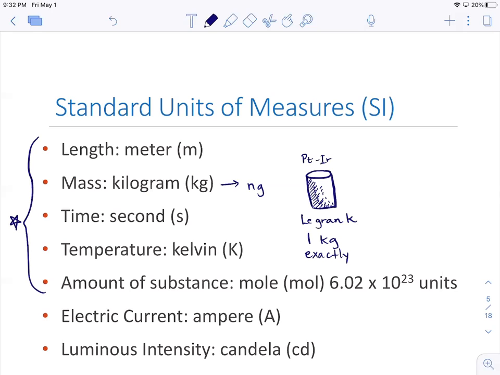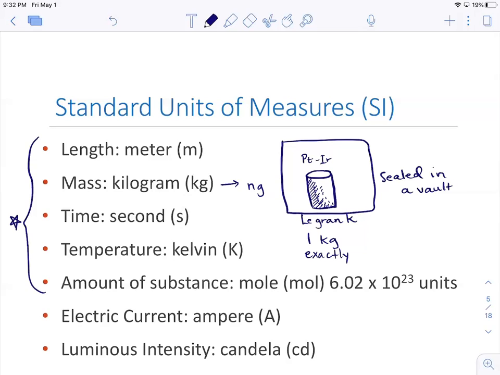So Lagrange K was the big boy. That was 1 kilogram. And what they would do is they'd take out Lagrange K periodically, and it was sealed in a vacuum under a glass container, and they would measure it against things called the witnesses.